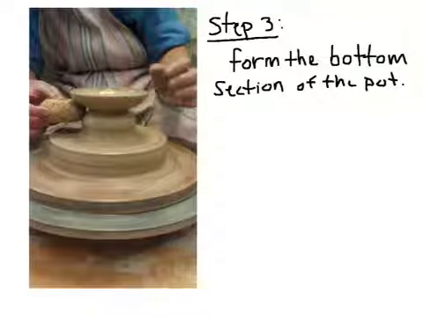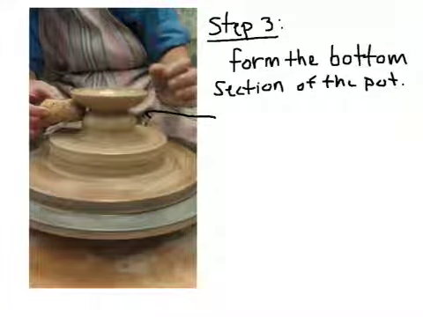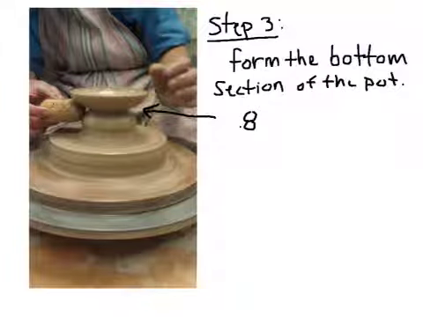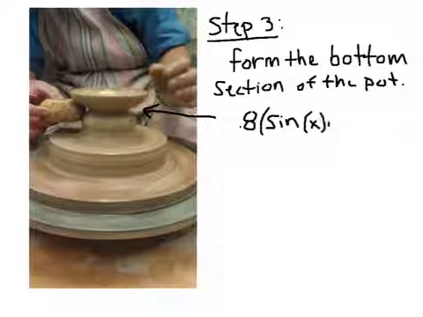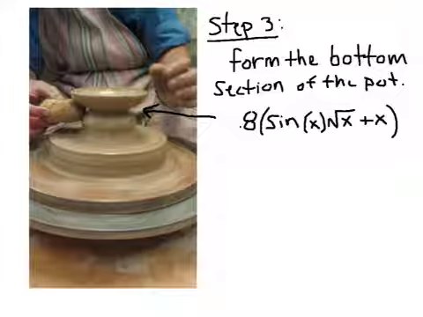The third step is to form the bottom section of the pot, and he used his fingers to create that indentation, and he's using the sponge to smooth it out. This pot's finally coming together, and it's starting to look like our function of 0.8 times the sine of x times root x plus x.